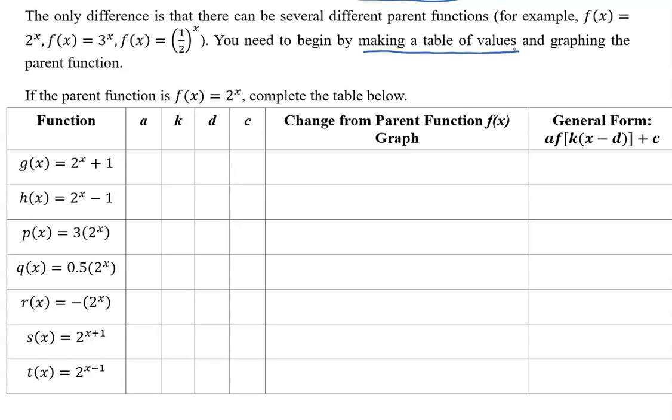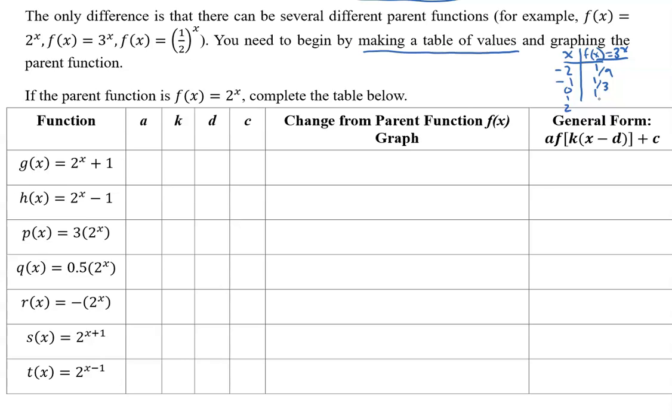But in the case of 3 to the power of x, you could make a table of values. Let me just give you an example of what that might look like. I would start with x values at least at negative 2. If you were doing the function f of x equals 3 to the power of x, then 3 to the power of negative 2 is 1 over 3 squared, which is 1 over 9. 3 to the power of negative 1 is 1 over 3, which is 1/3.